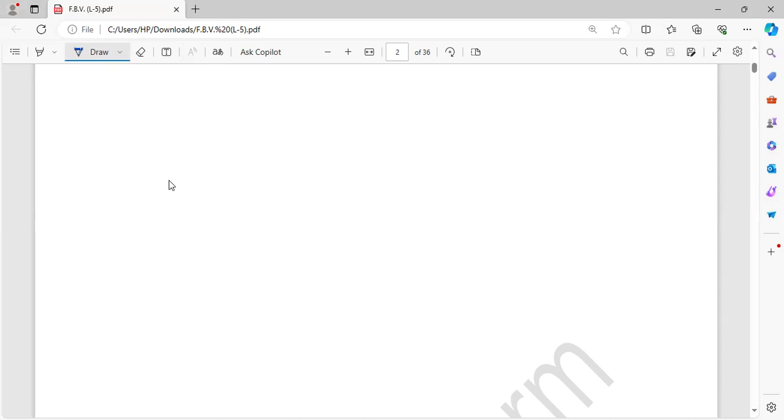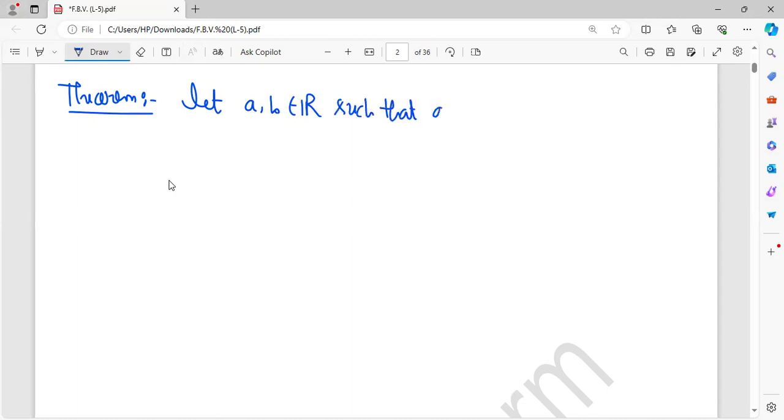So, we will prove this theorem. Let a and b belong to the real numbers such that a is strictly less than b.